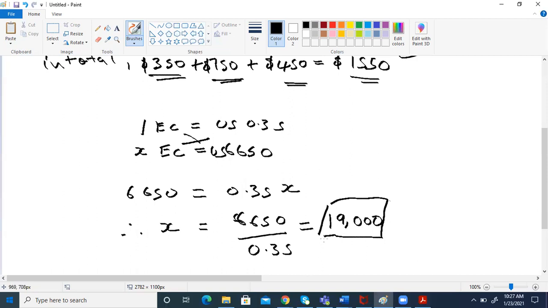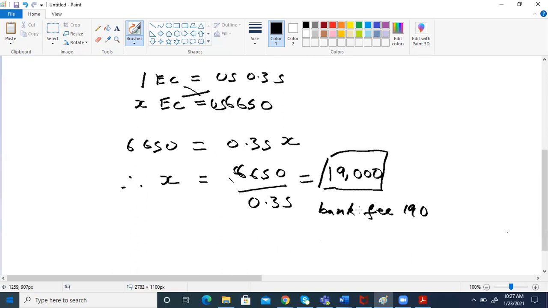So the bank fee is $190 more. So the total spent would be $19,190.